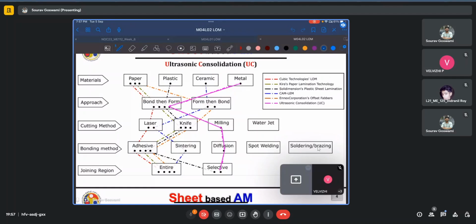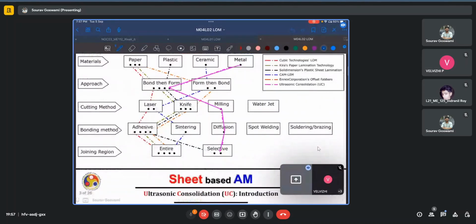However, the unwanted material is removed from each layer through some subtractive technology, such as milling in this case. So it may be said that all sheet additive manufacturing processes are inherently hybrid in nature. That is, they consist of both the additive and the subtractive steps. The joining region in this case is also selective, and the bonding method is through diffusion.